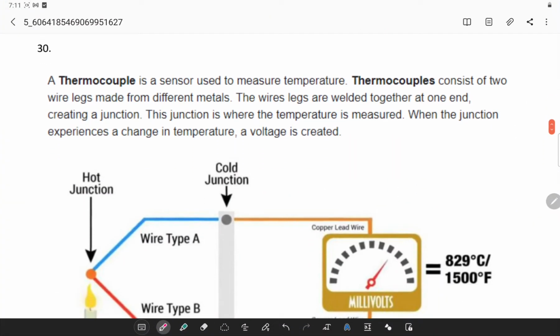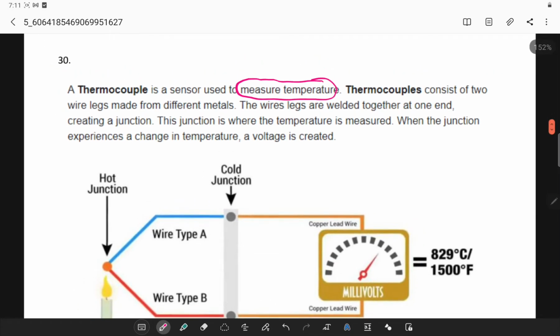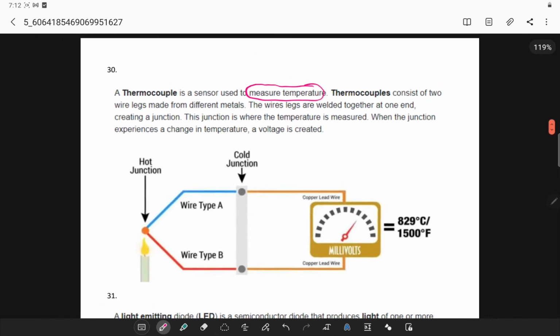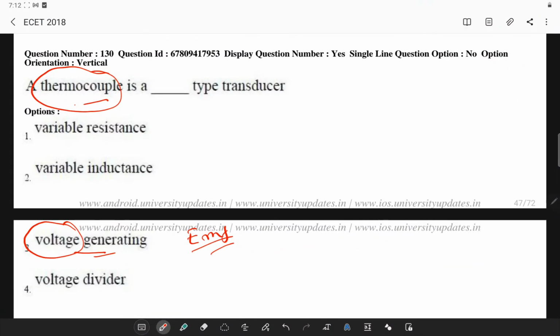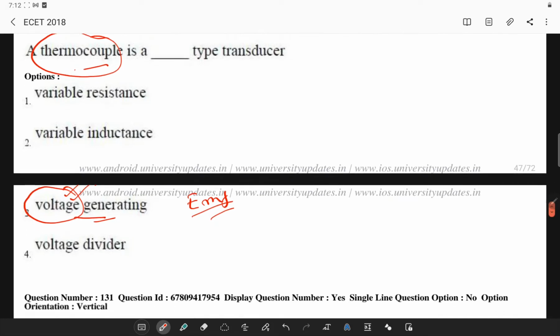A thermocouple is generally used in measuring temperature. Remember this. When the junction experiences a change in temperature, the philosophy is that voltage is being created. So again see the question, it is basically a voltage generating transducer.